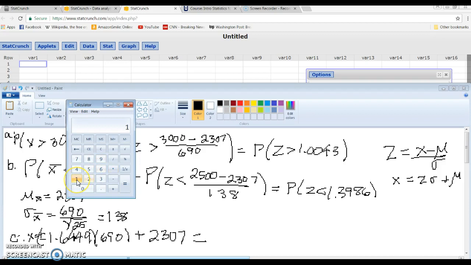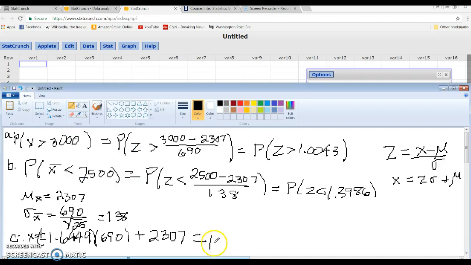We're going to get negative 1.6449 times 690 plus 2307. So that's 1172.019. And go ahead and write that down.